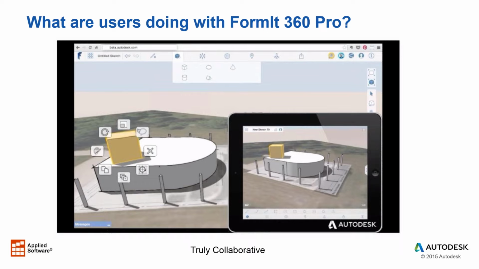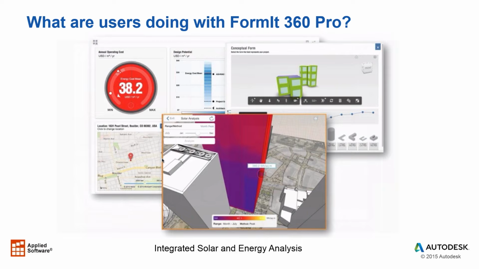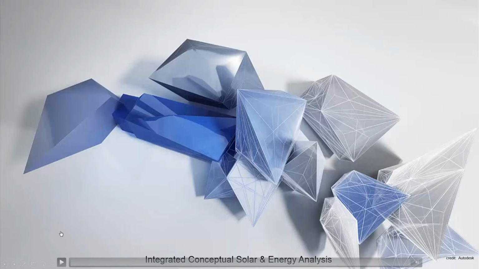So collaboration is essential because it promotes thinking and promotes optimization of the process. As I mentioned earlier, solar analysis and energy analysis are integrated into this FormIt 360 Pro, which add more functionality to the process. Let's take a look at this video that shows us how solar and energy analysis work.